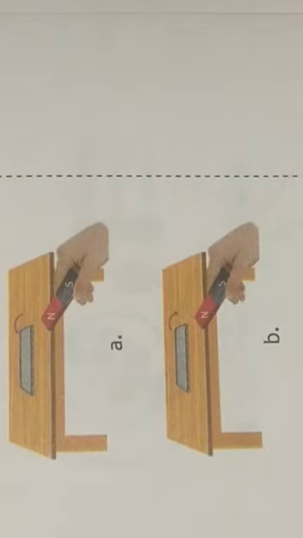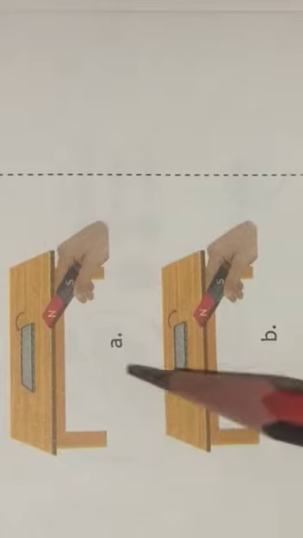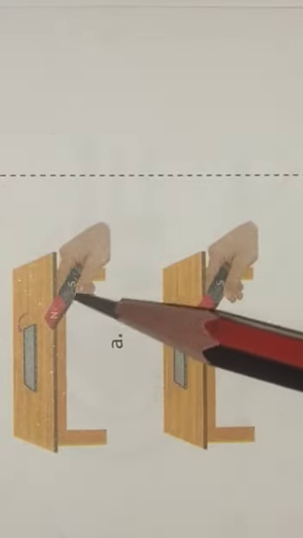Now let us learn about the test for a magnet. How will you know whether a given sample is a magnet or not? Children, you should know that repulsion is the surest test for magnetism. Here in this diagram you can see an unidentified substance is taken and a bar magnet is taken.